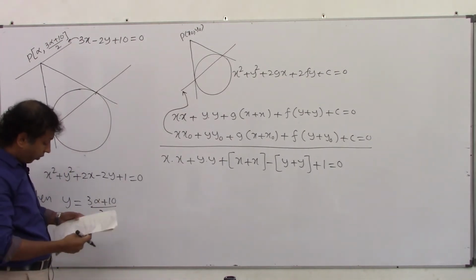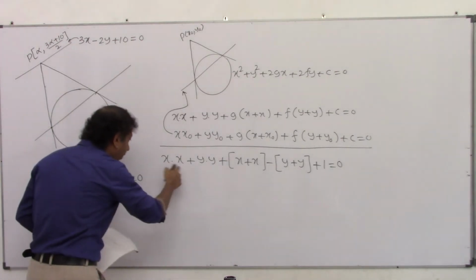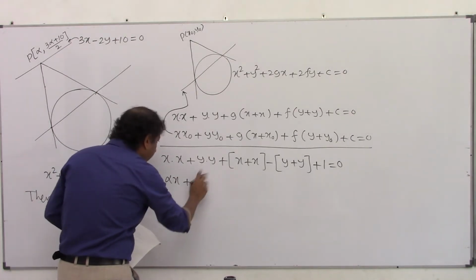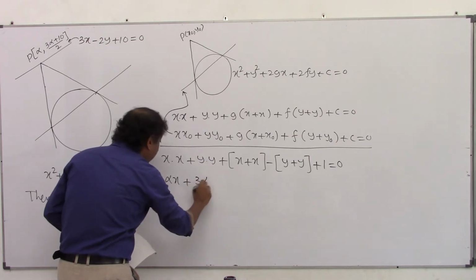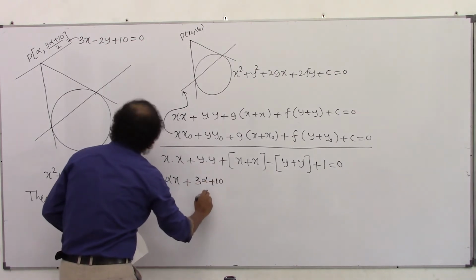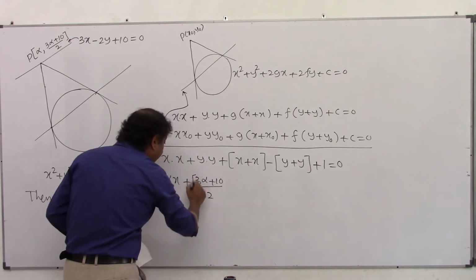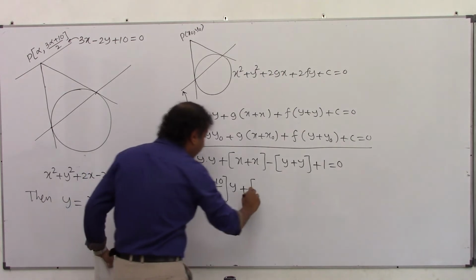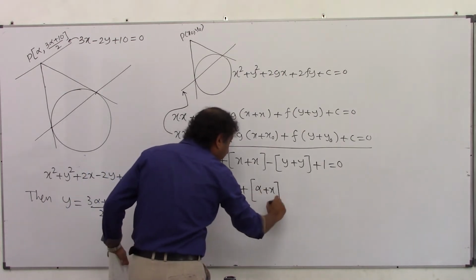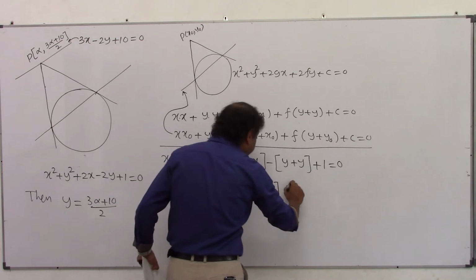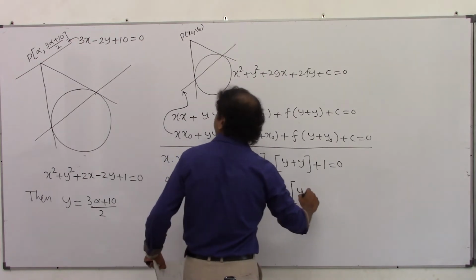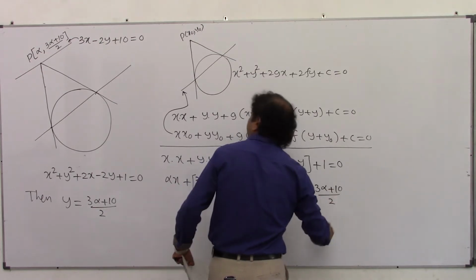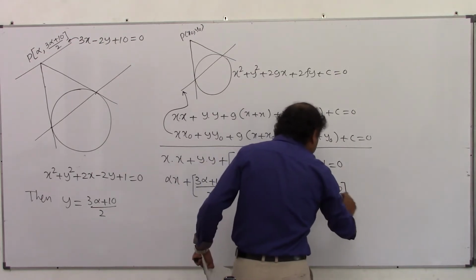Once I write like that, we get alpha for this x, alpha x, plus the next one, 1y, we put 3 alpha plus 10 by 2 times y, and alpha plus x here, and here y times the other y we replace by (3 alpha plus 10) by 2, plus 1 equals 0.